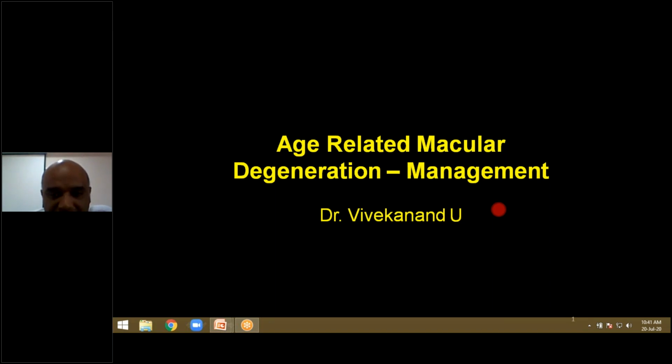In simple terms, it is age-related macular degeneration, a macular degeneration occurring as the age progresses, usually seen in the 5th to 6th decades.